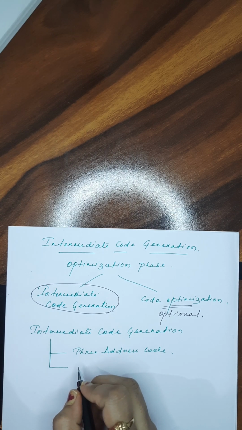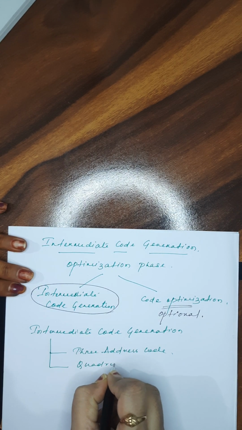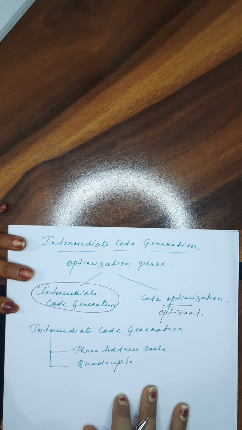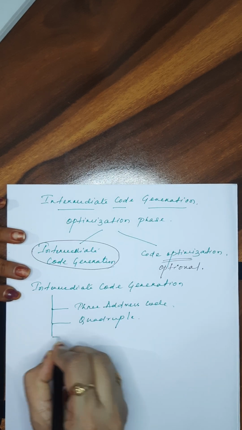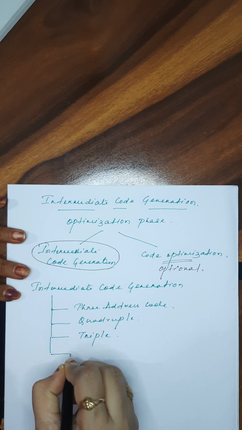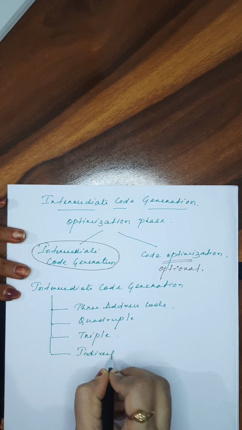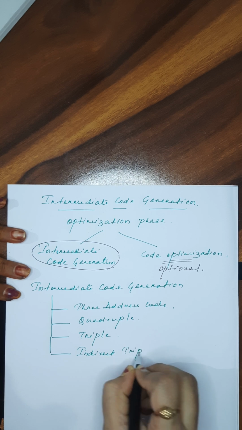Okay. Next is your quadruple. Okay. Next is triple, and the last one is your indirect triple.